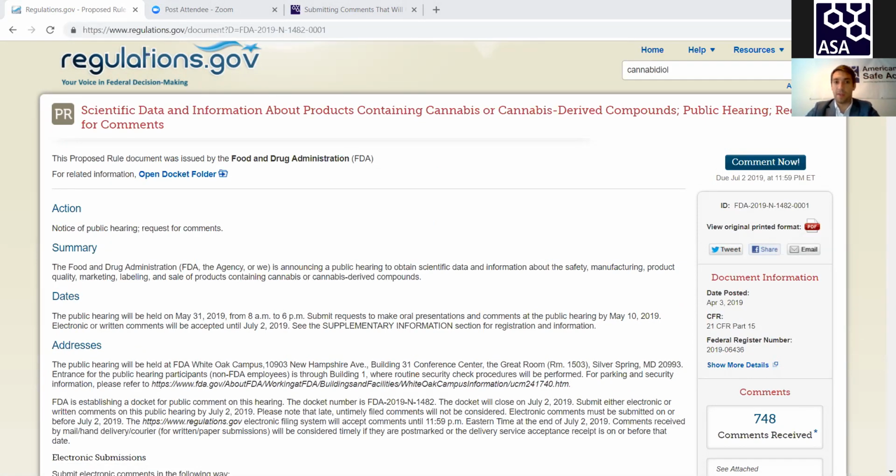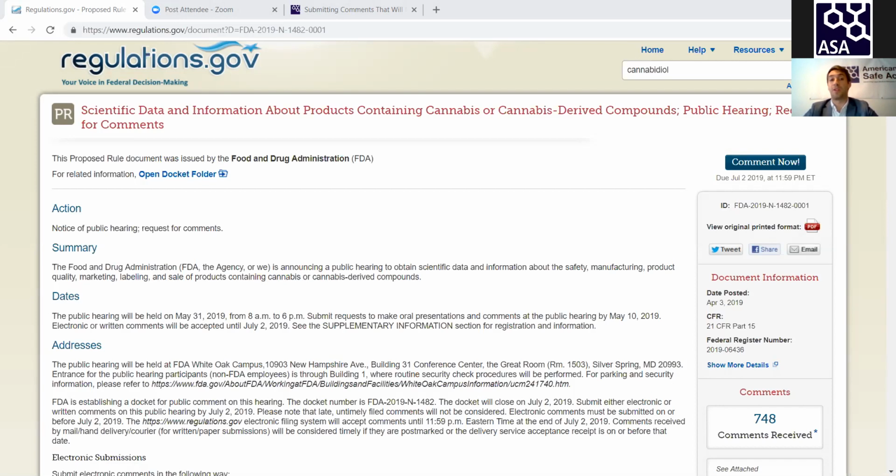So the notice that we'll be commenting on is right here. It's under Department of Health and Human Services, Food and Drug Administration. It lists the code number and then the docket number for this particular regulation. And this docket number is really important when you are submitting a comment, particularly if you're going to handwrite one or use a PDF attachment.